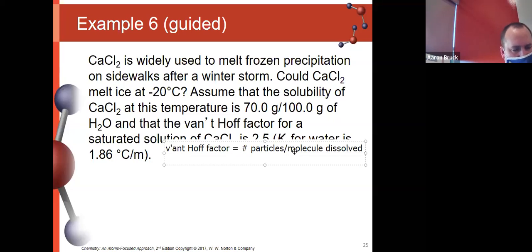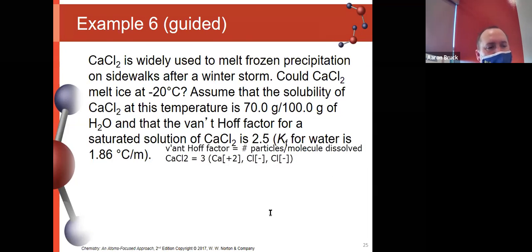Which for calcium chloride would be equal to 3, because I'd have the calcium ion and I would have 2 chloride ions. That's where my total factor of 3 is.